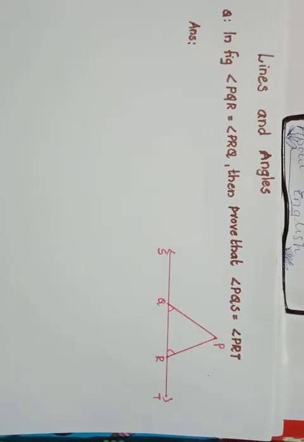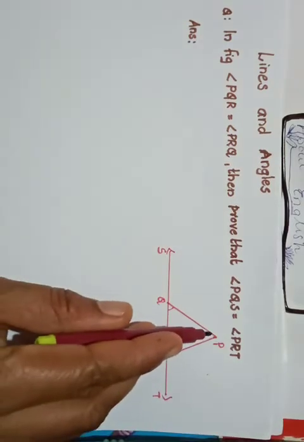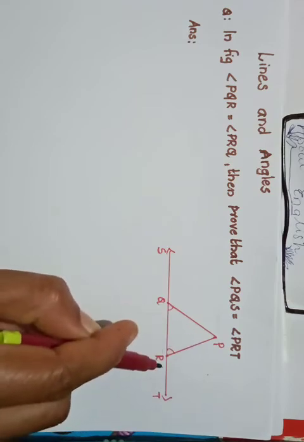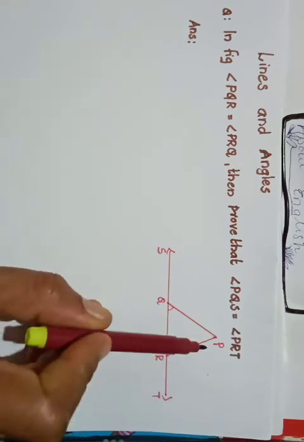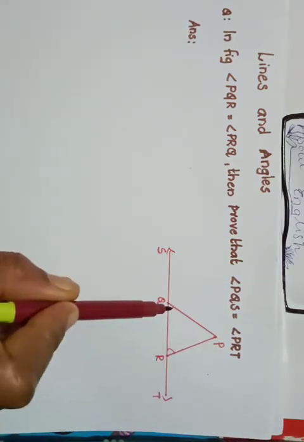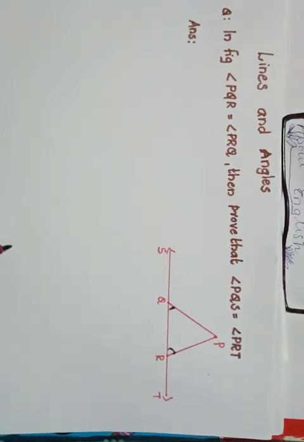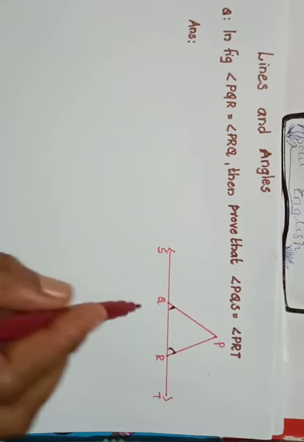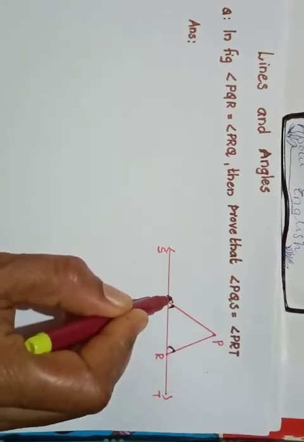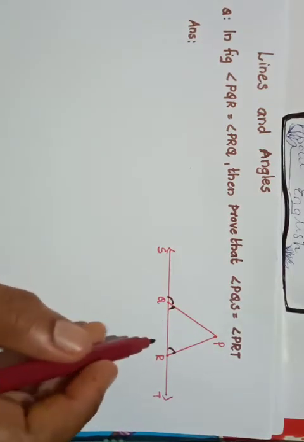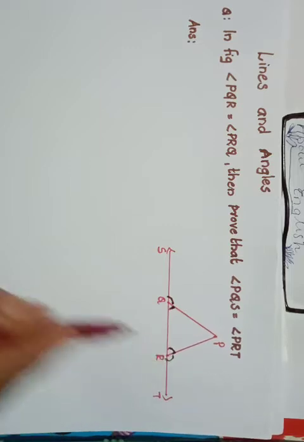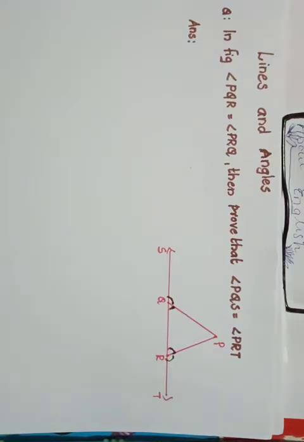So we'll continue the last class, lines and angles. In the figure, angle PQR and angle PRQ, these two angles are equal. Then we need to prove that angle PQS and angle PRT are equal.